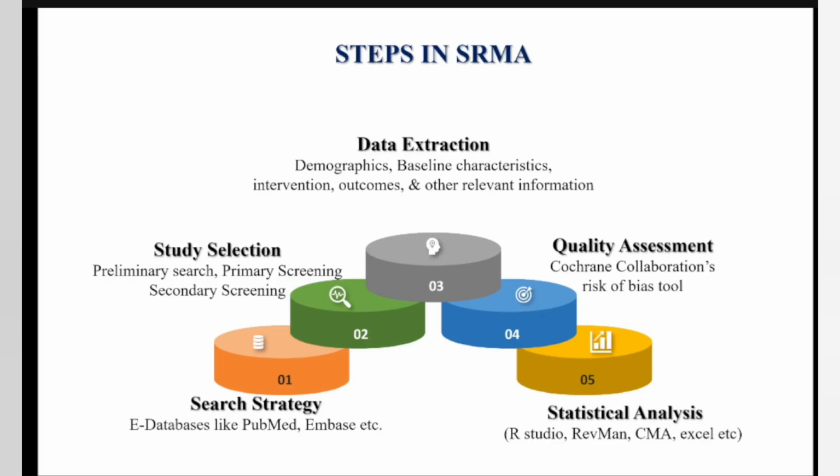For example, after the search strategy, I will show you how we can do the search strategy. After getting the search strategy on PubMed, we have got approximately 200 articles.